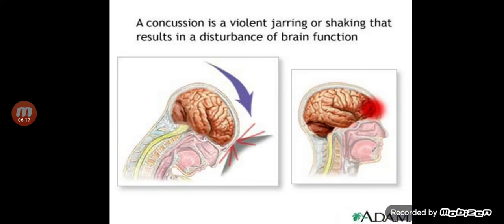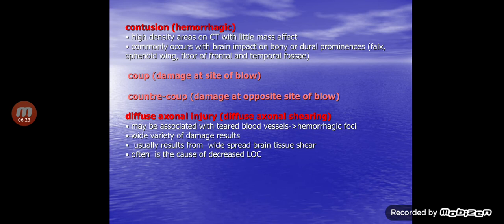A concussion is a violent jarring or shaking that results in a disturbance of brain function. A cerebral contusion is a more severe degree of damage with bruising and cerebral edema, leading to diffuse or localizing changes.